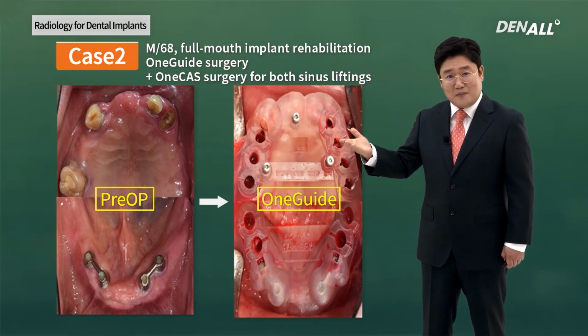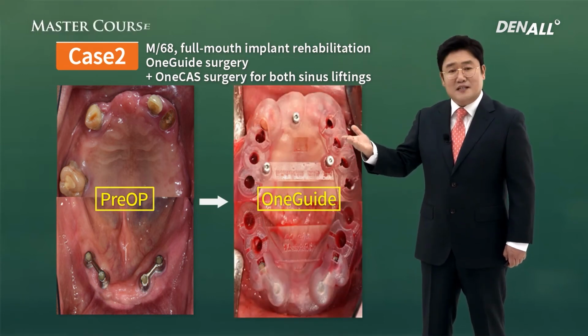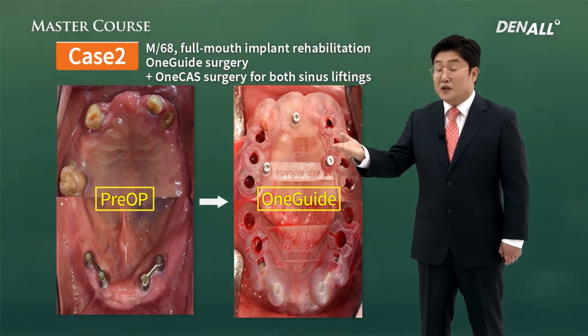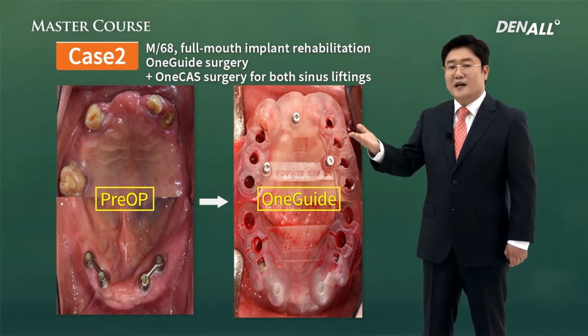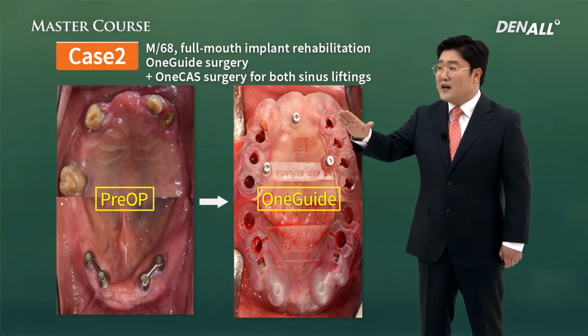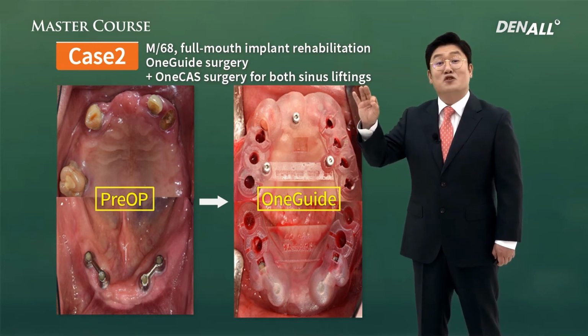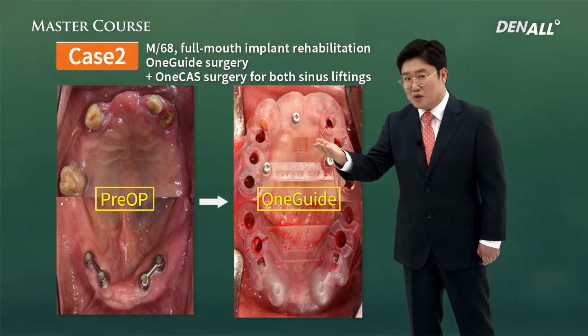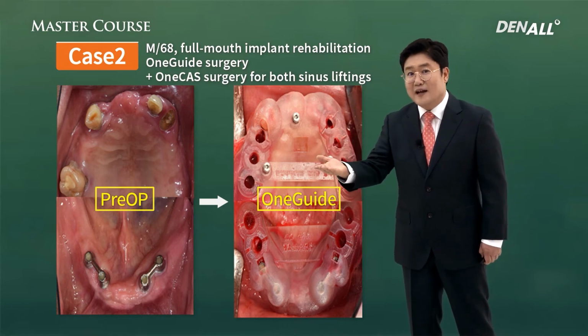This is the One Guide template mounted on the mouth. Template, guide, or sometimes it's called the stent. The tool has holes to guide the drilling. After the drilling, implant fixture placement can be guided.